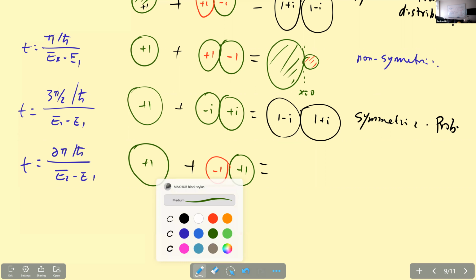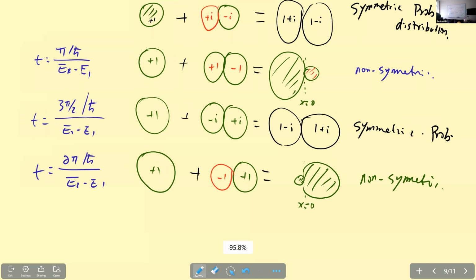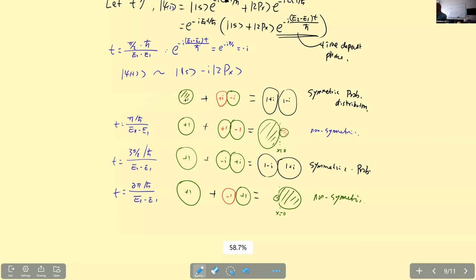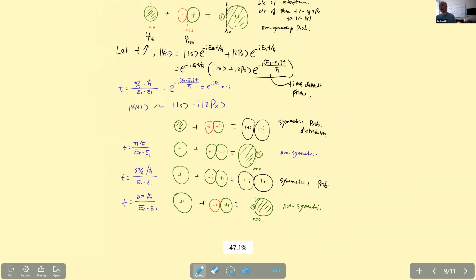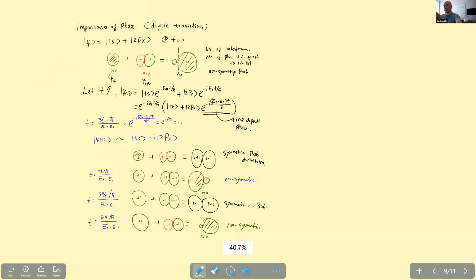And again, this one gives us a big part, and this one gives us the small part. This is x equal to 0, and this is non-symmetric. So now you check the whole process. Check the whole process. You actually come back, right?